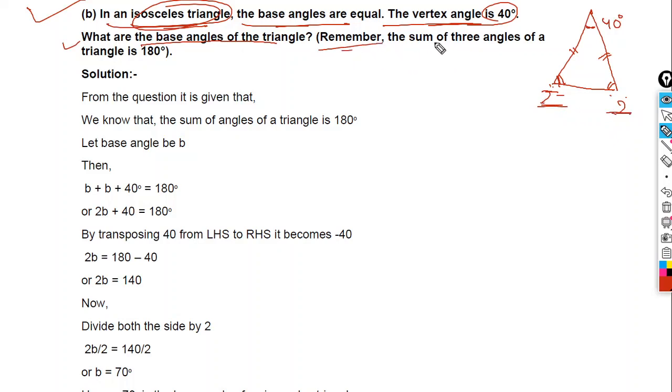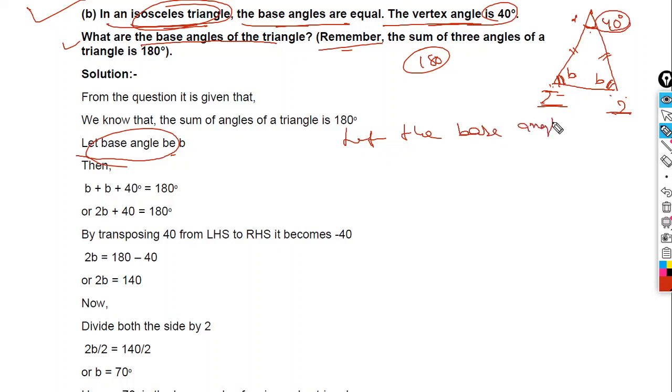You know that the sum of the three angles of a triangle is 180 degrees. Let the base angle be B. If this angle is B, this angle is also B, and this angle is 40 degrees.